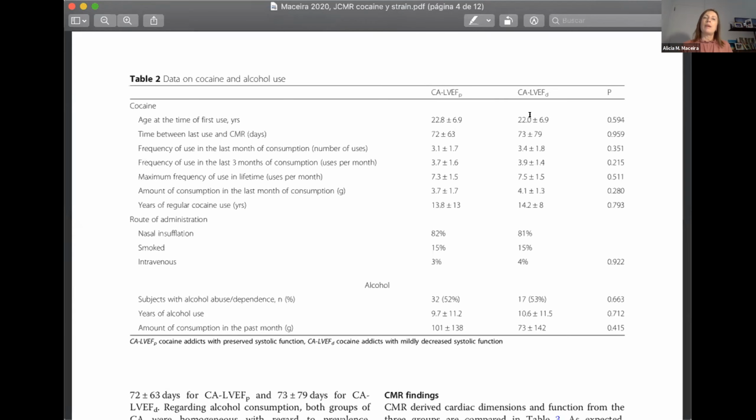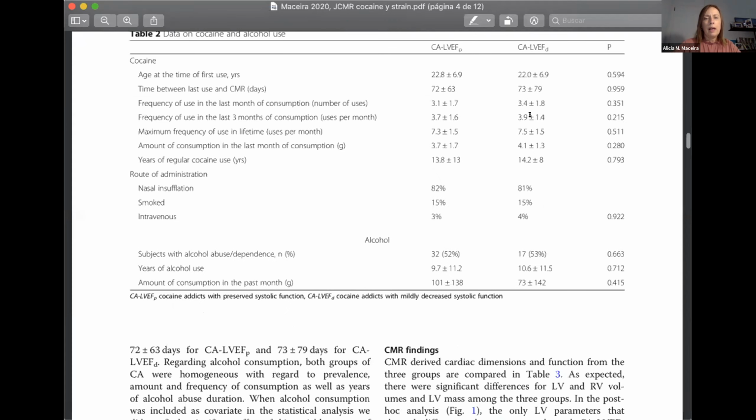So it's not how much cocaine did you have last month or last 3 months, but how long have you been taking cocaine and how much is your peak, rather than the parameters we would expect as cardiologists. But anyway, there were no differences in the characteristics of their addiction, nor in the characteristics of their alcohol addiction or smoking situation.